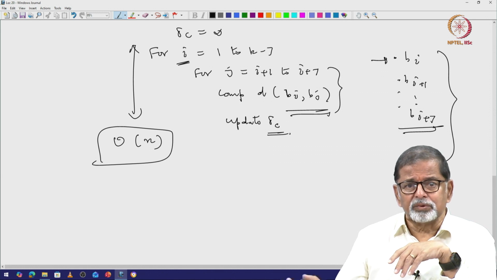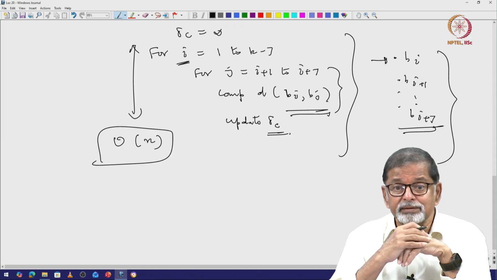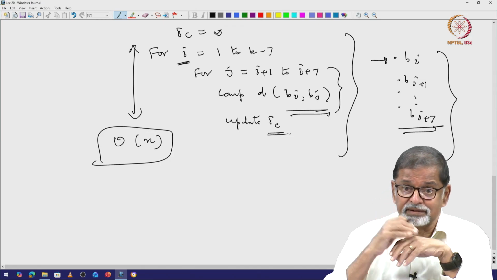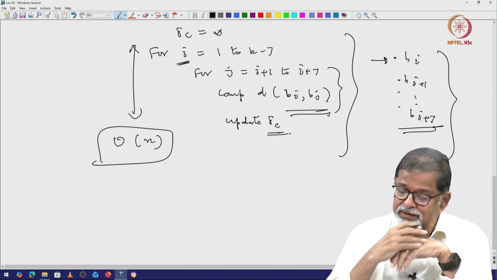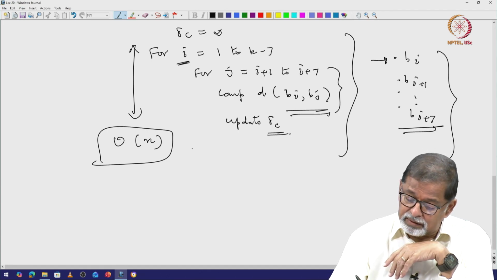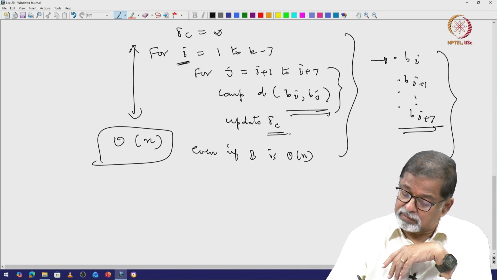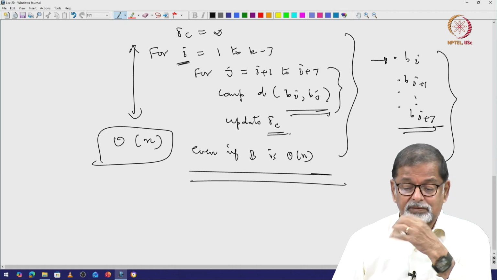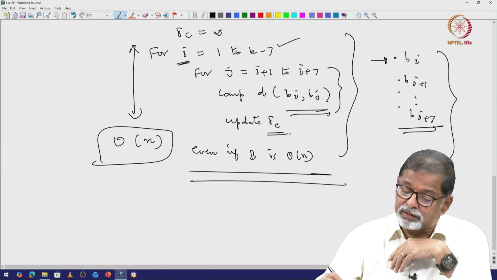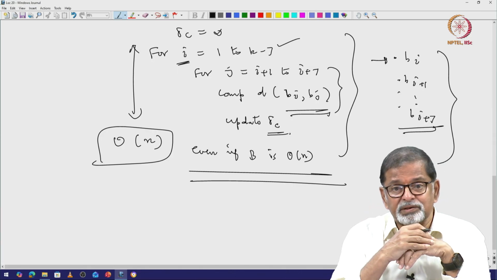This is going to compute all the necessary distances in the delta band, and delta c is found. So this is order n even if B is order n, because per point you are computing only 7 distance computations.